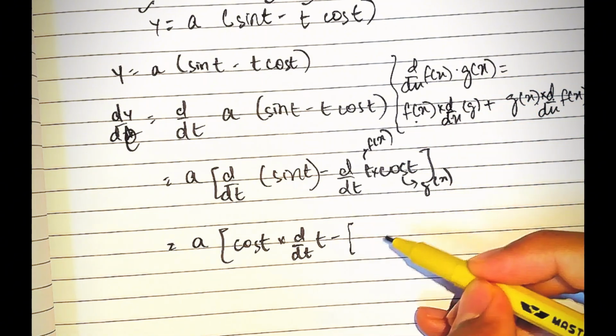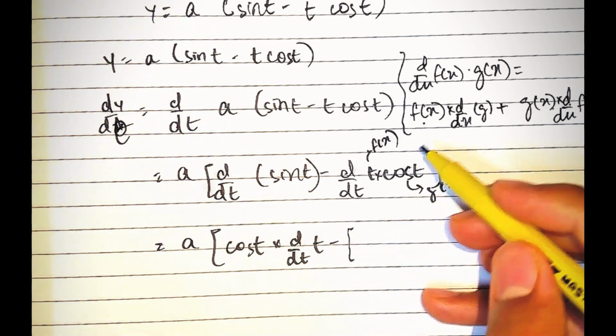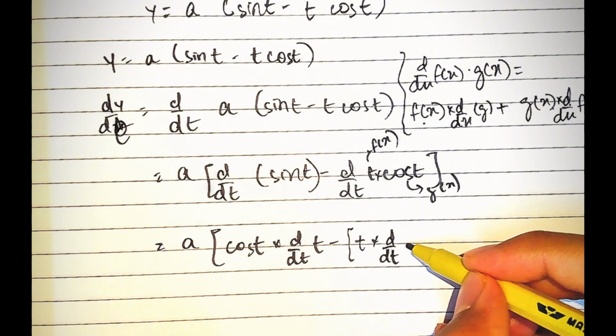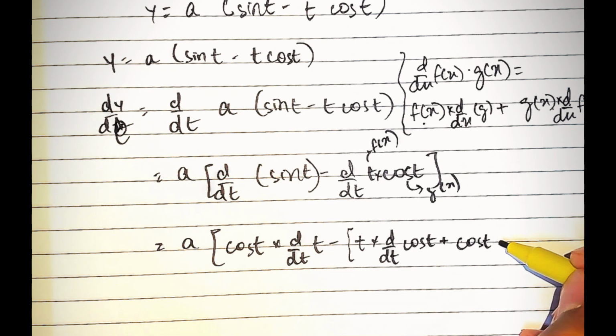Let's use a bracket over here so that it separates those things, because we have a negative sign and it is going to cause problems. f(x) as it is multiplied by the derivative of g(x), that is cos t, plus g(x) as it is, which means cos t would be left untouched, multiplied by the derivative of the first function, which is t.